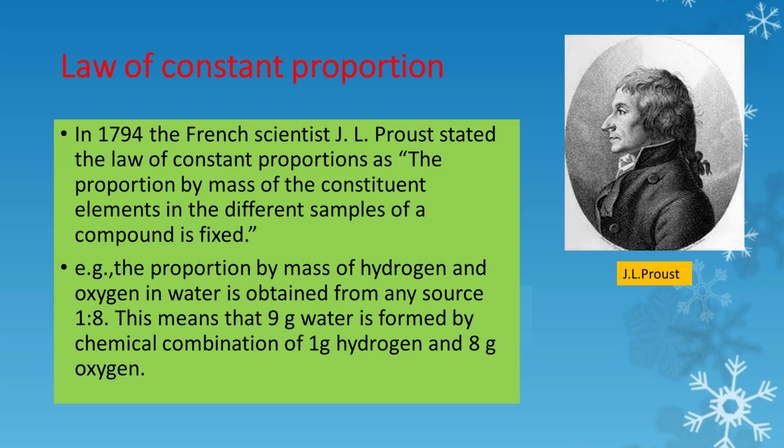For example, the proportion by mass of hydrogen and oxygen in water, obtained from any source, is found to be 1:8. This means that 9 grams of water is formed by the chemical combination of 1 gram hydrogen and 8 grams oxygen.